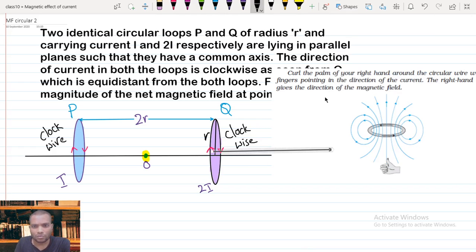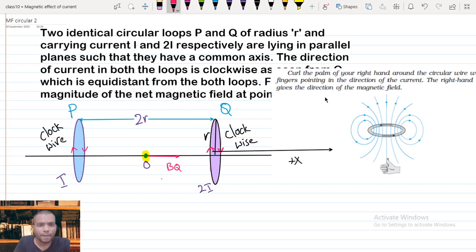I want to draw this at point O, so we draw that direction here. This is the magnetic field direction due to coil Q.